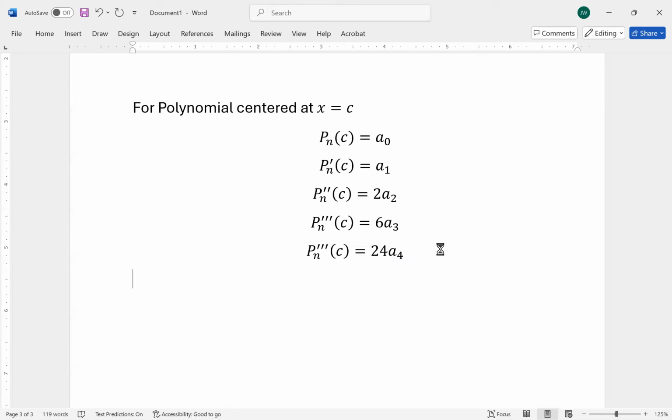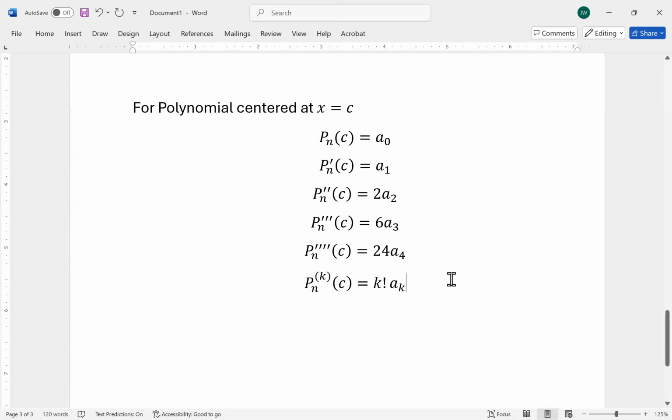And in general, if we do a kth derivative, let me put that in parentheses just so it looks like a derivative, the kth derivative is going to be k factorial times a sub k.